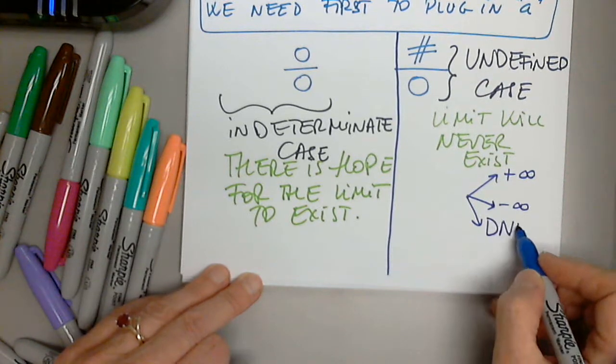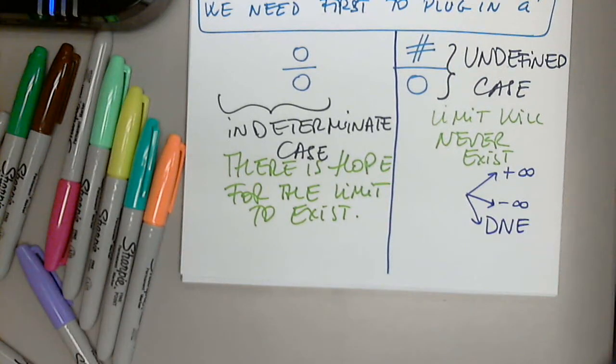Very good. DNE. So when we talk about limits, we say, and if they don't exist, we say positive infinity, negative infinity, or DNE. Good. So now we are ready to work on some problems, like, for example, yes, let's start with problem 22.